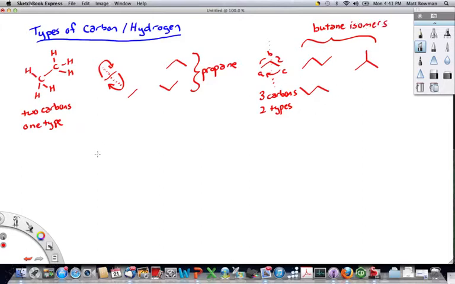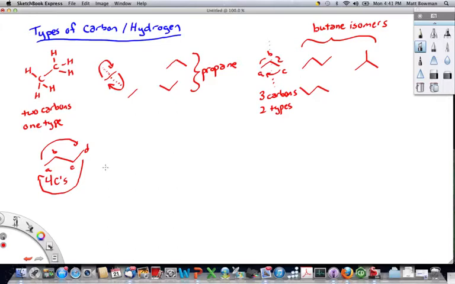Let's take a look at these. Butane has 4 carbons, but again, due to symmetry, if you spin this molecule around, D becomes A, B becomes C, C becomes B, and so on, and A becomes D, and so on and so forth.